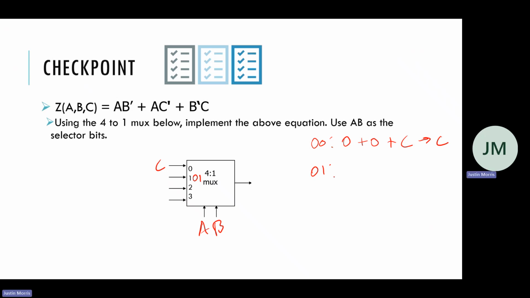So 1 and C just becomes C. In the first part, it's just A and not B, so that doesn't include C. We just simplify each one of these individually. Then we have 0 or 0 or C. So 0 or anything just becomes that one thing. I understand now. Thank you.